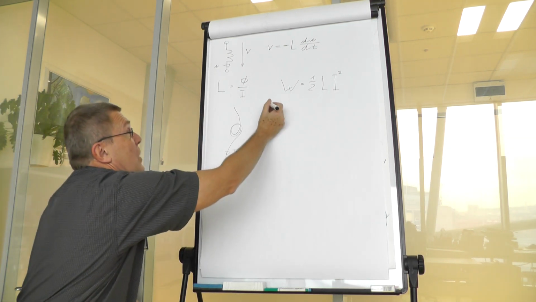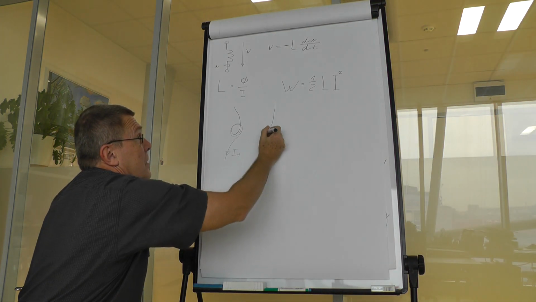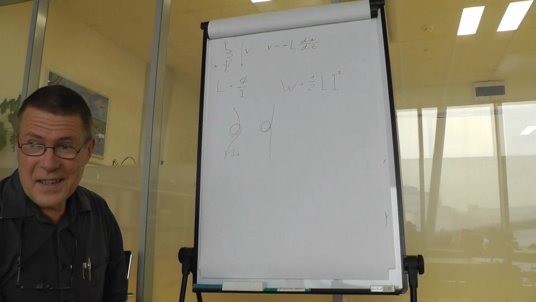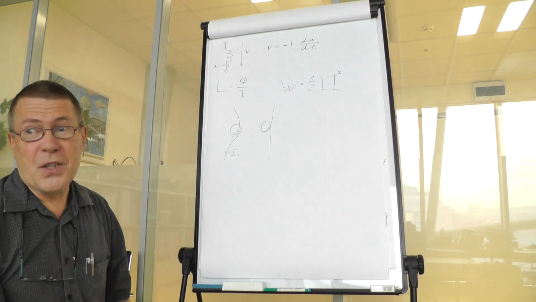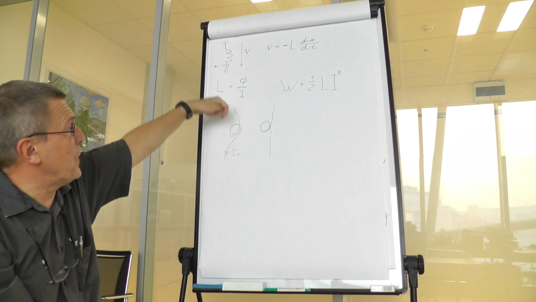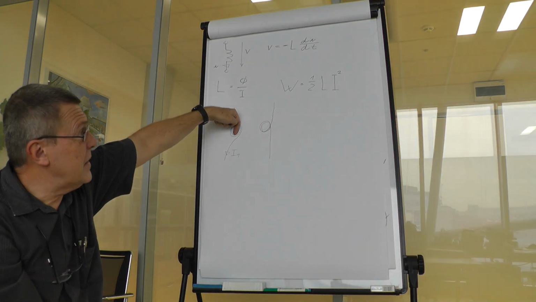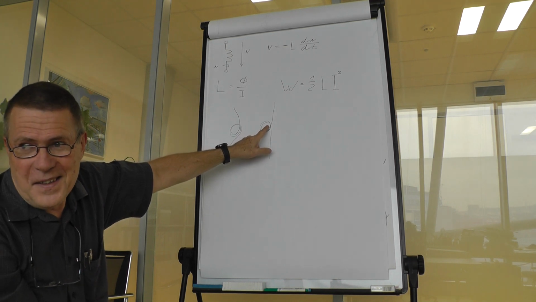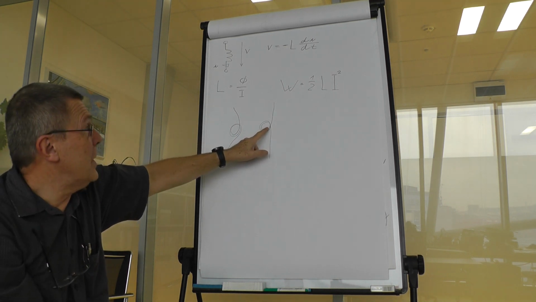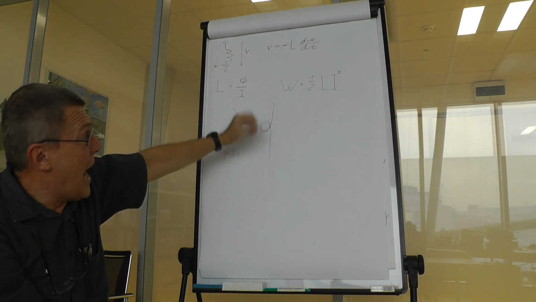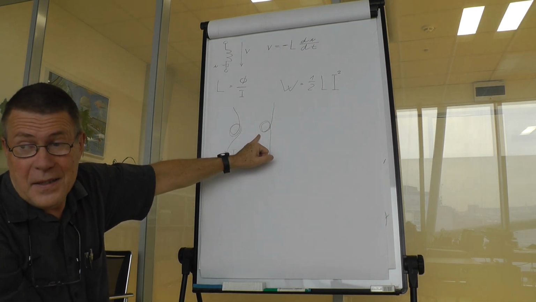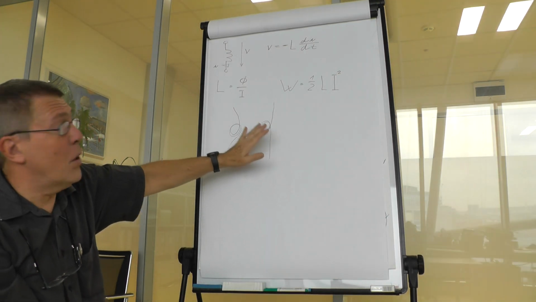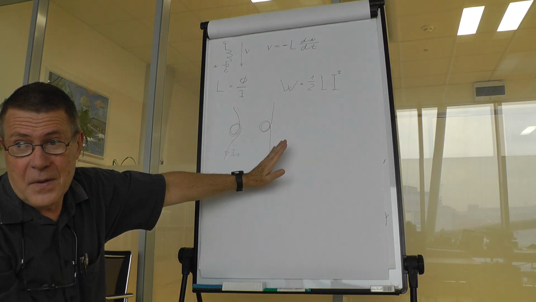What if there is another conductor and this conductor is positioned so that some part of the magnetic field created by the first current flows through the second conductor, let's say through the coil, and then we give birth to something which is called mutual inductance.